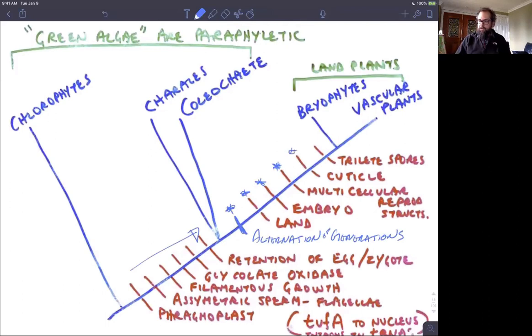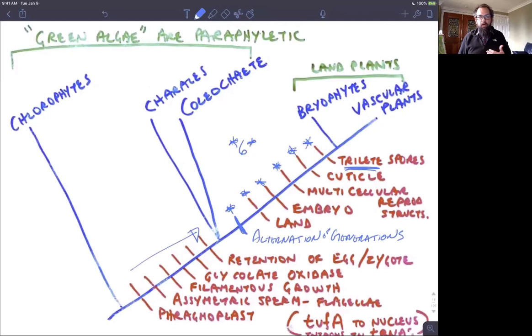The presence of a cuticle, I mentioned that briefly last time. We'll go into detail about what that is. And then finally, having spores that are trilete, and I'll define what that is. That's because of meiosis producing those spores. They end up with a scar on them that we can see, and I'll show you some good pictures of that. So we actually have 6 synapomorphies for land plants that are shared by both non-vascular and vascular plants.